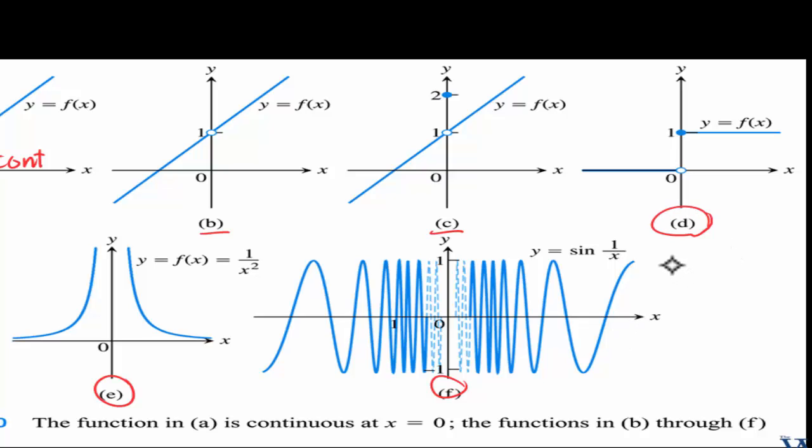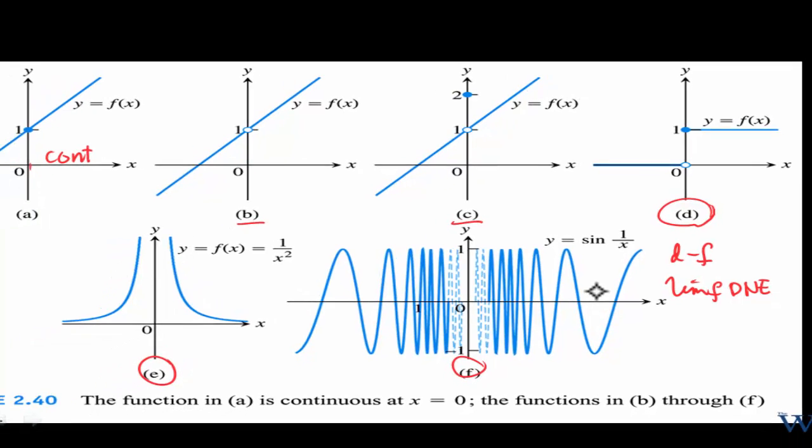Why? Because from D to F, the limit of the function does not exist. So whenever you take a look at a function and examine the continuity at a particular point, once the limit does not exist, then there's nothing we can do. We cannot redefine at all.